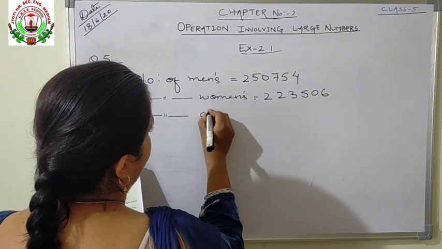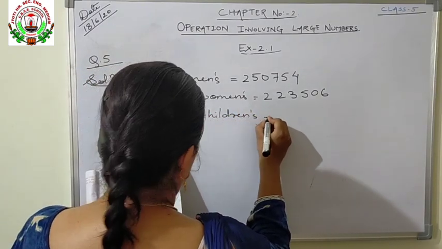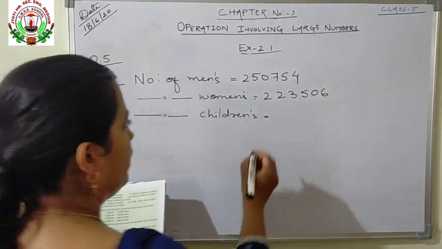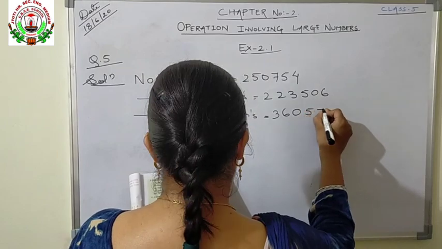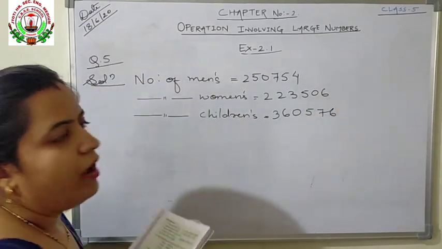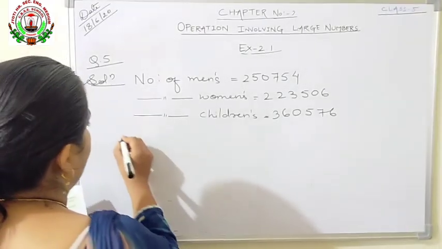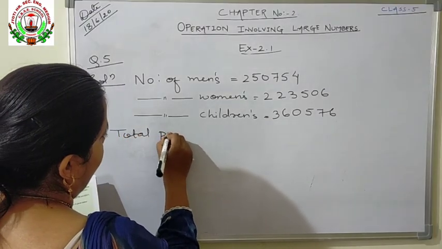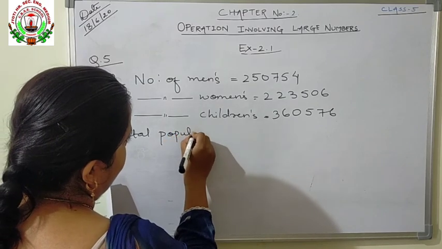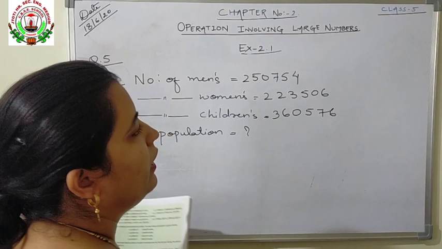Number of children is equal to 3,60,576. What you have to find out is the total population. So here you will write total population, this you have to find out.